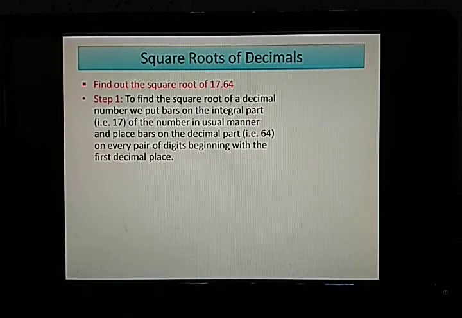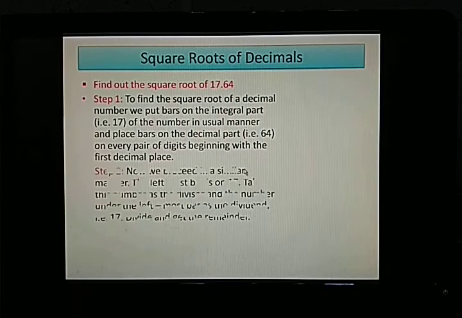Here also we have to place the bars, but we have to remember that we place the bar on the integral part and on the decimal part. After the decimal, whatever number is there is the decimal part, and before the decimal, whatever is there is the integral part. Clear?